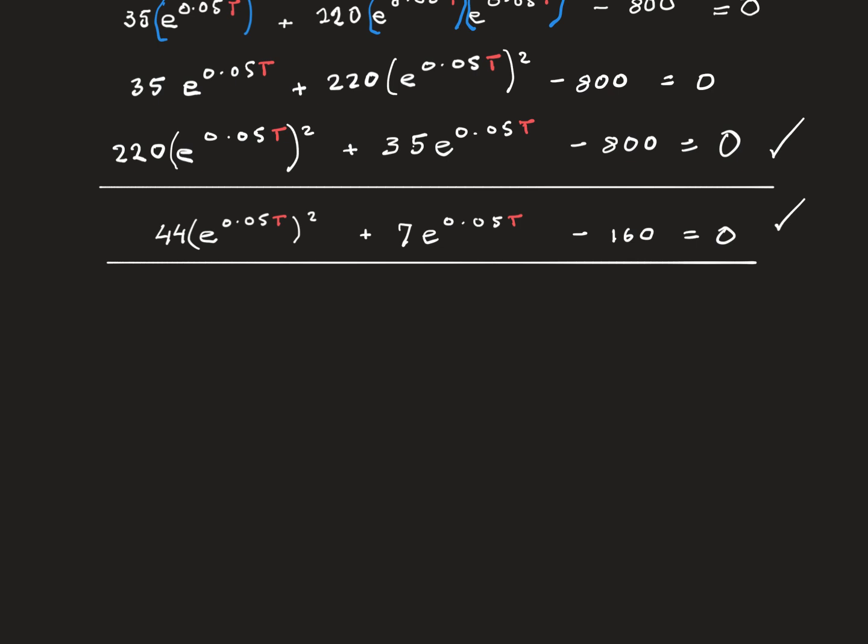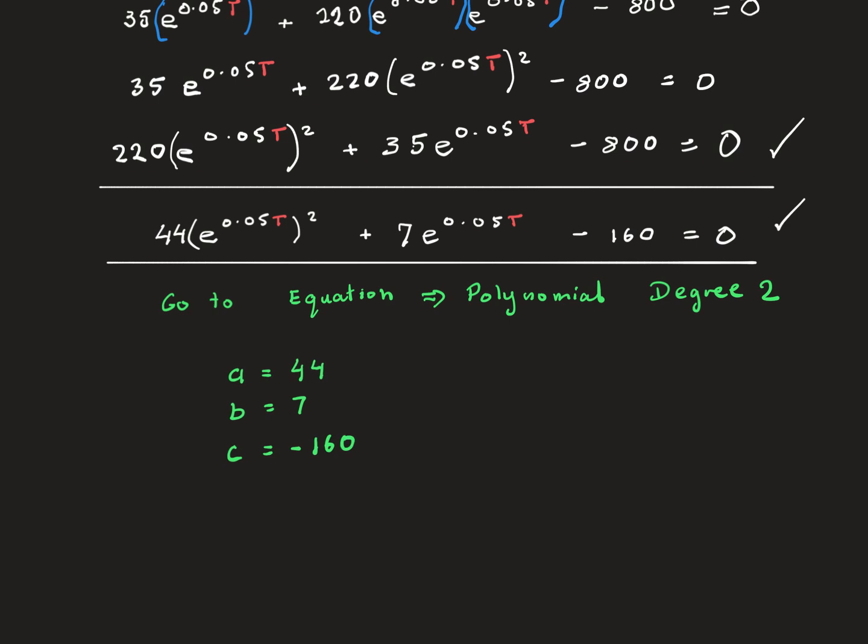Now, using the calculator, you'll just go to equation and polynomial with degree 2, where a now becomes 44 or 220, b is going to be 7, and c is equal to minus 160.